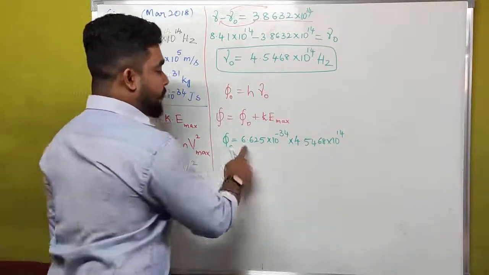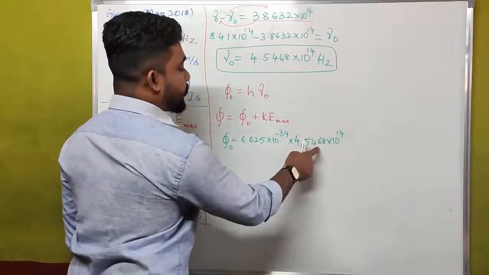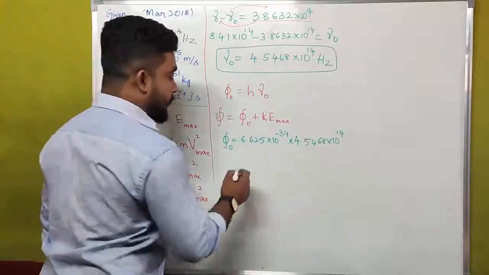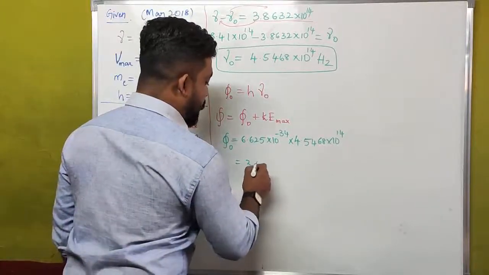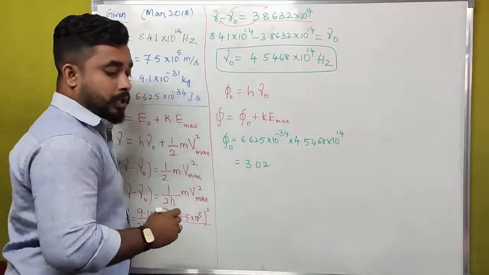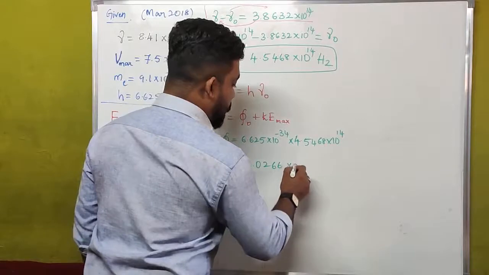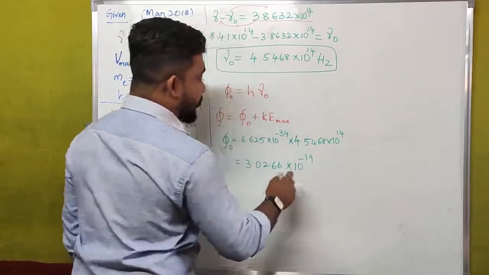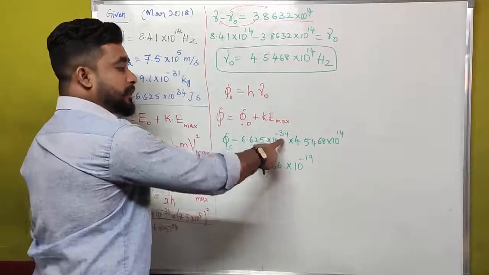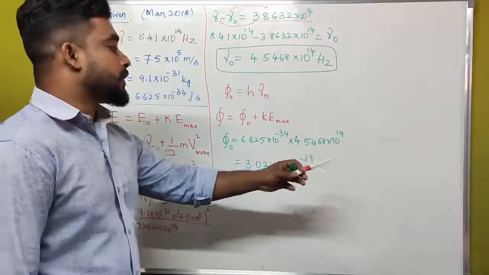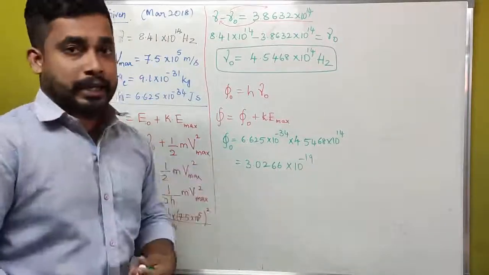Okay, if we multiply 6.625 into 4.5468, what we get here is 3.0266 into 10 to the power of minus 19. Here what we have is 10 to the power of minus 34. This is plus 14. Minus 34 plus 14 is equal to minus 20.